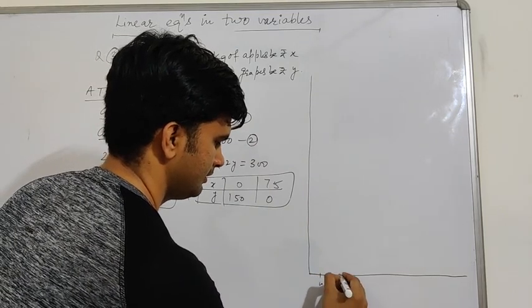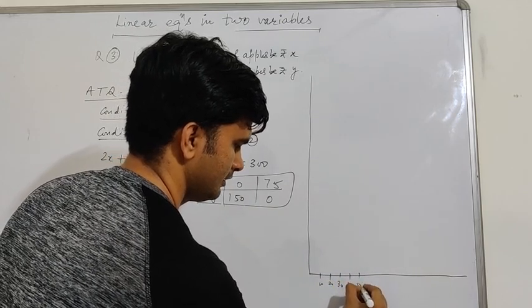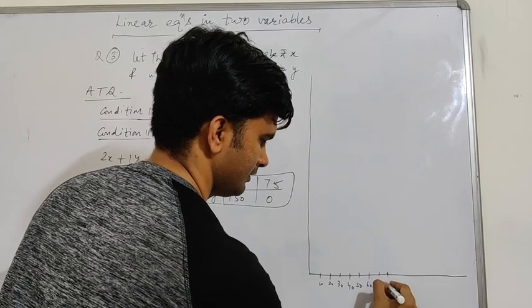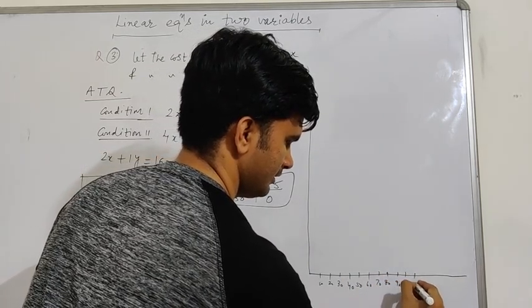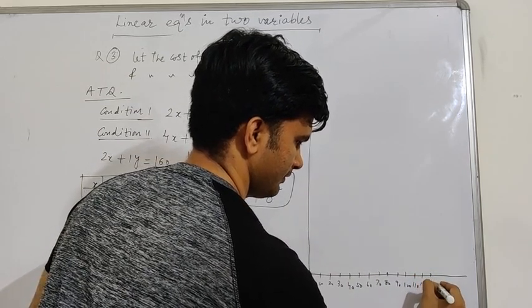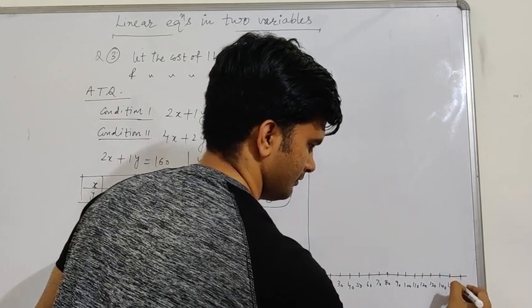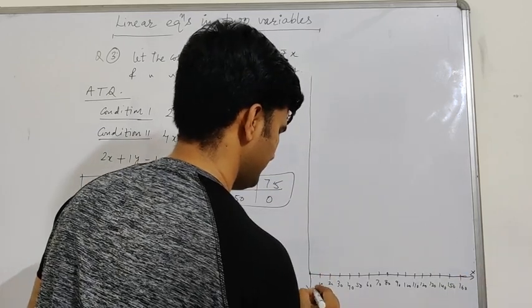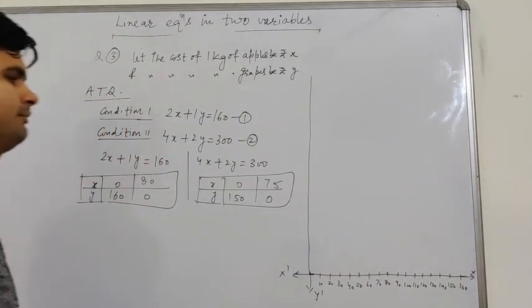On the x-axis: 10, 20, 30, 40, 50, 60, 90, 100, 120, 140, 160, with x dash and y dash.